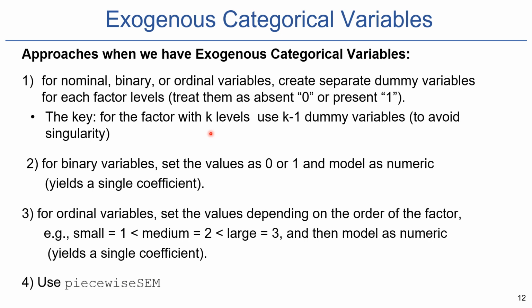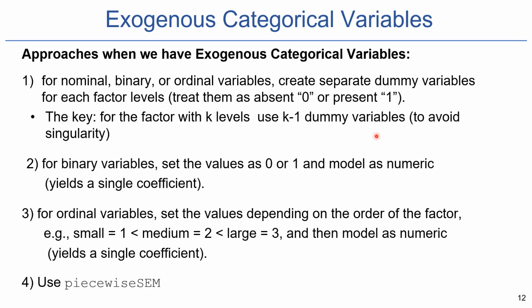So we have to leave out one dummy variable, which becomes the reference level. The rule is that for a factor with k levels, we use k minus 1 dummy variables to avoid this singularity. For instance, if we have two levels, like species 1 and species 2 in the previous example, then we include in the structural equation model only one level, let's say species 2.